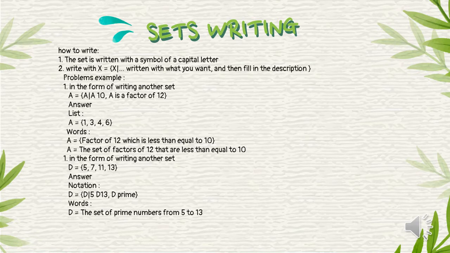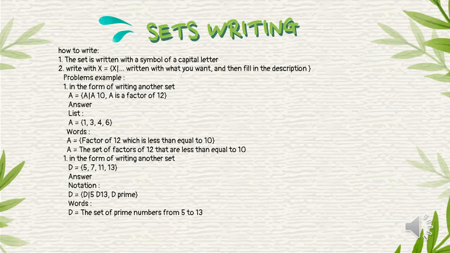Problem example 1. Write in another form of set. Set A is curly bracket A where 0 less than A less than or equal to 10 and A is a factor of 12 curly bracket. Answer, list: A is curly bracket 1, 2, 3, 4, 6 curly bracket.